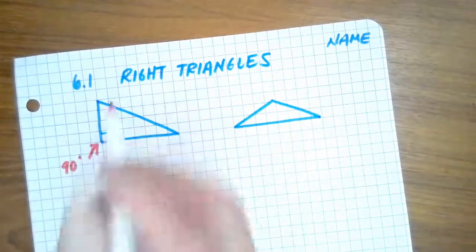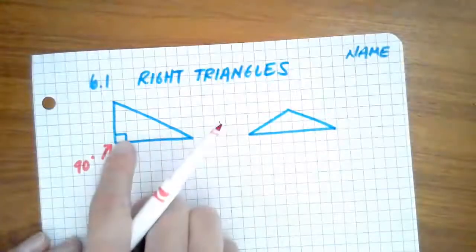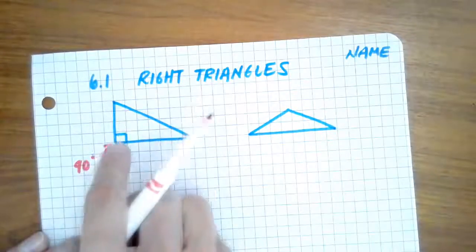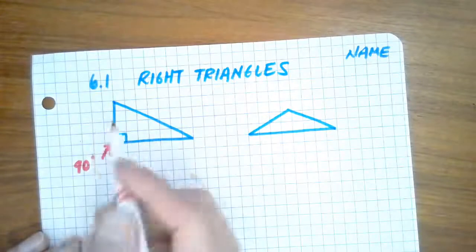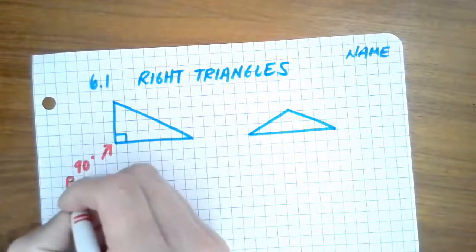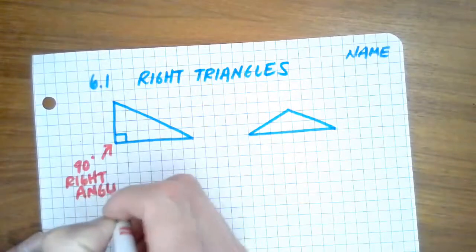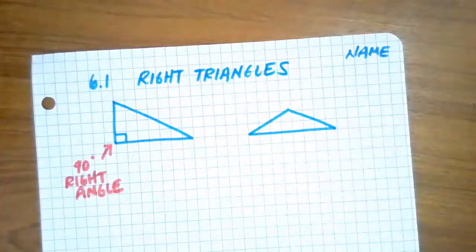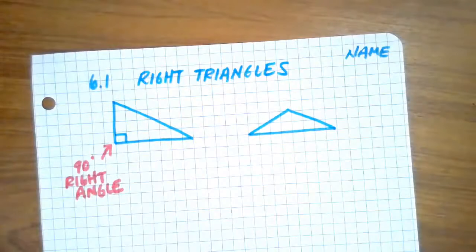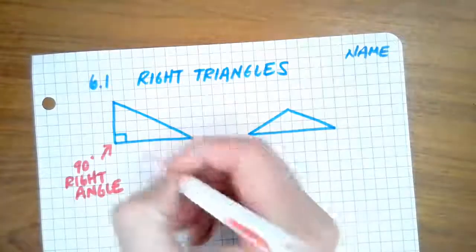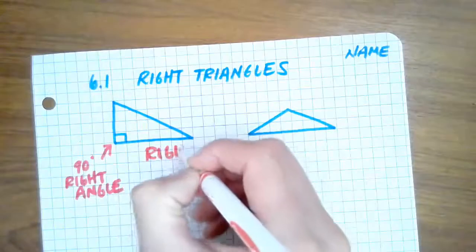And a right angle is when two sides come together and they're perpendicular lines. So we have a 90-degree right angle here. And because this triangle contains a 90-degree right angle, we would call this whole figure a right triangle.